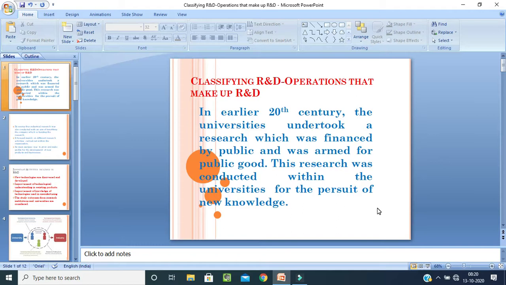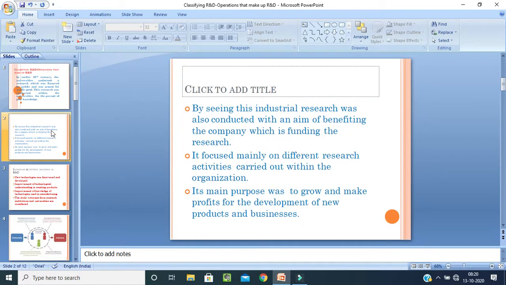So what happened? By seeing this strategy, industrial research was also conducted with an aim of benefiting the company which is funding the research.